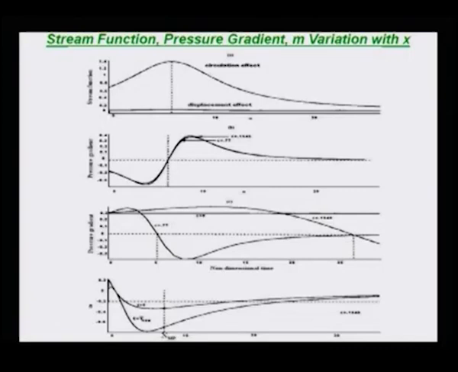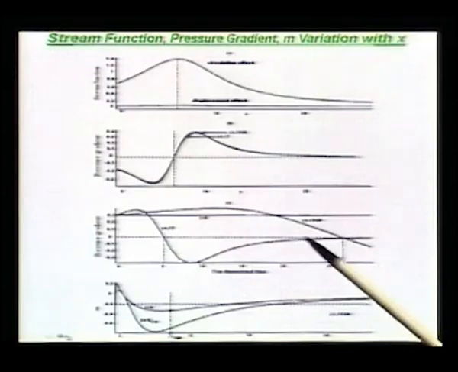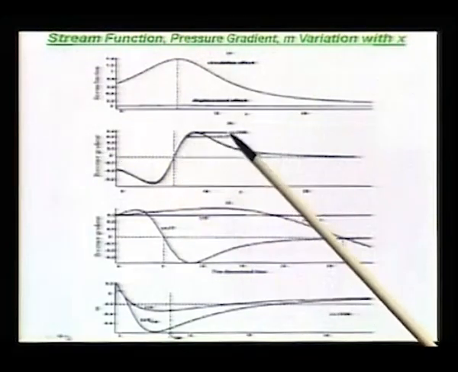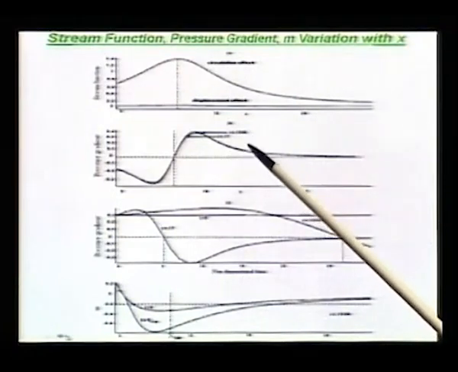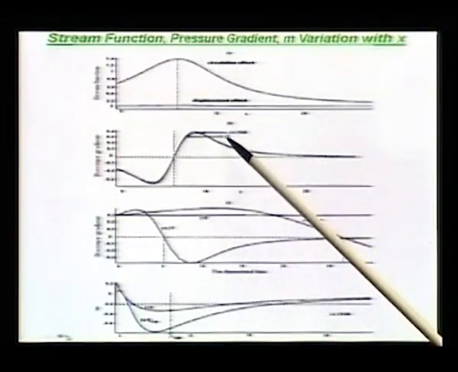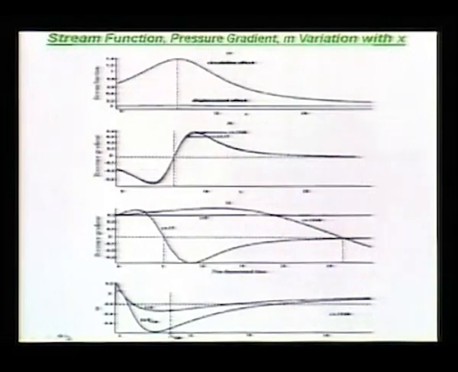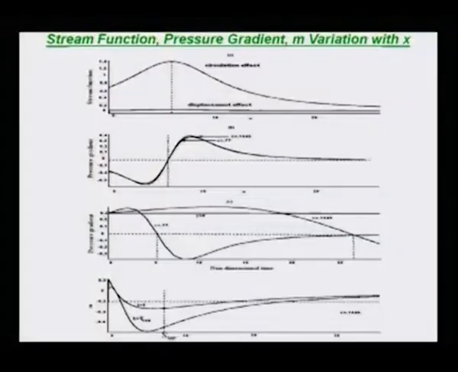Now, we have shown two cases of the pressure gradient for different values of C. One of the values is 0.1545, very low speed, another is 0.77. We had done these visualization cases.